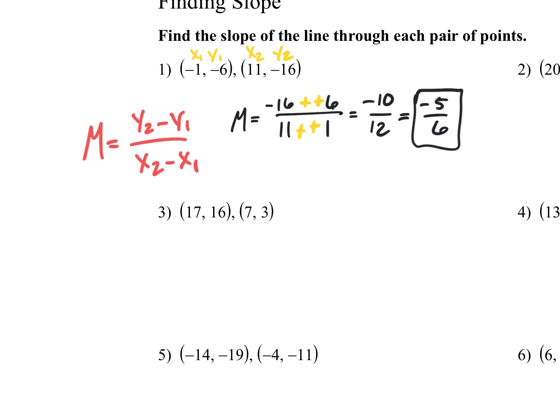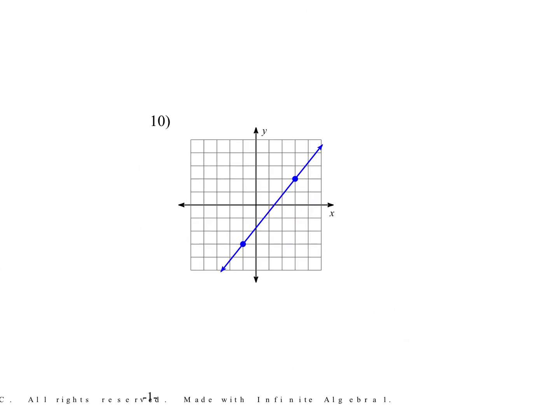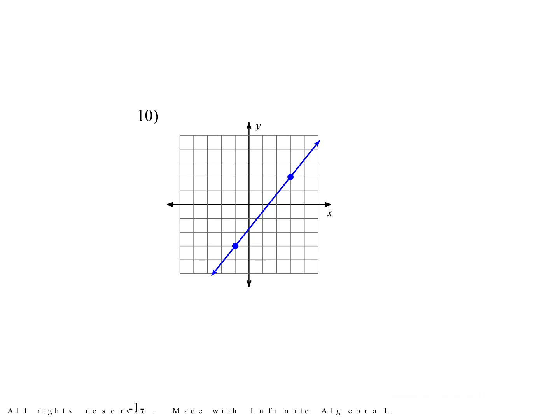So let's go to the next kind of problem. The next kind of problem is number 10, and it is finding slope from a graph. Here is how you find slope from a graph. You just simply have to count it. Okay? You count it. Here's what I want you to remember. Your slope is your m value, and it is always rise over run.